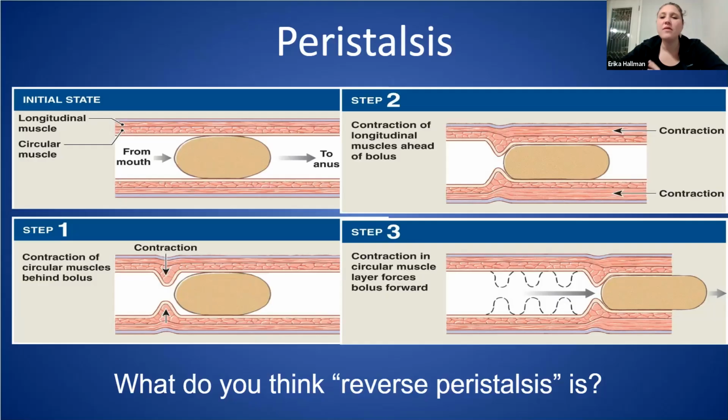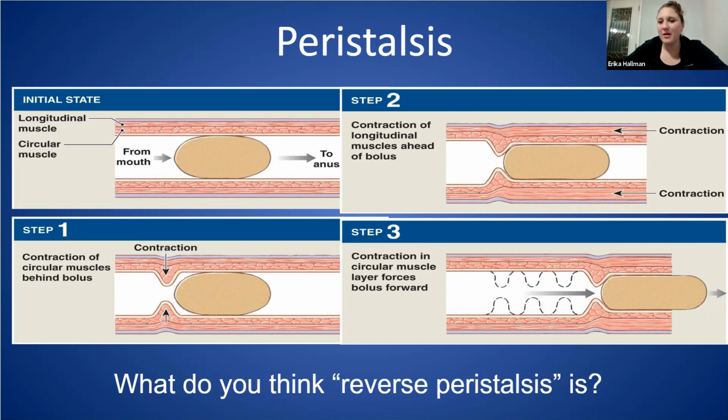So the combination of those 2 things work like a wave. The bolus is going to move from the mouth to the anus through the contraction of these 2 layers of muscles. They contract, it moves the bolus forward. They contract sideways, moves the bolus forward. And through that wave-like contraction of peristalsis, that bolus is going to be projected forward.